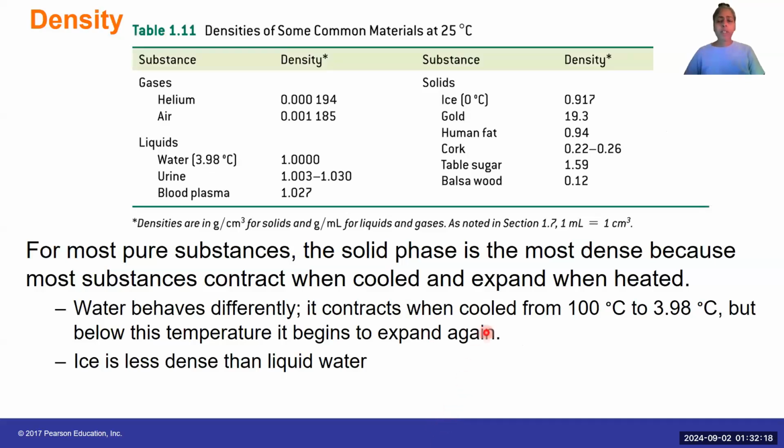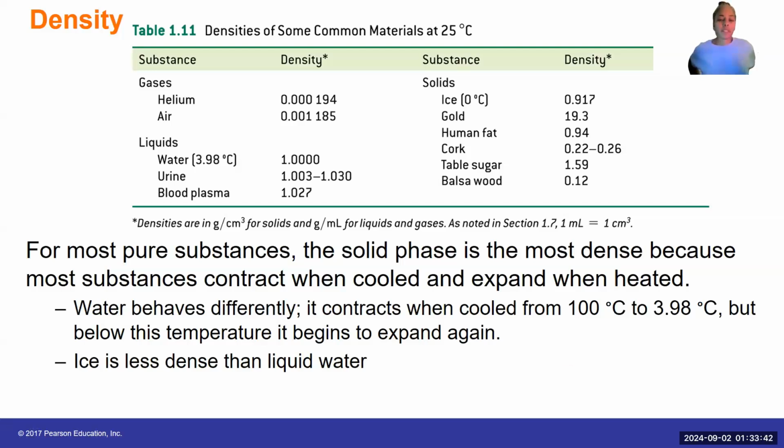So we know that the density of substances is going to determine whether they float or whether they sink in other substances. So we have here varied densities. And for most pure substances, the solid phase is the most dense because most substances are going to contract when cooled and expand when heated.